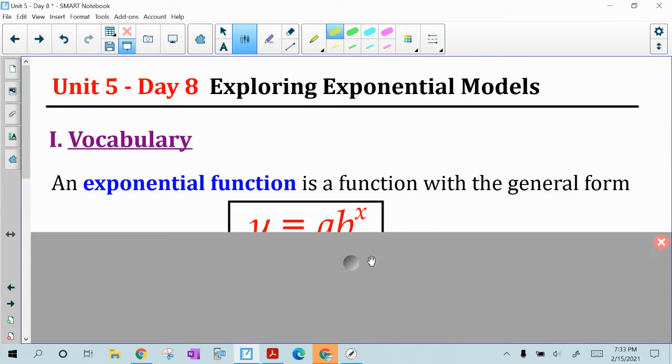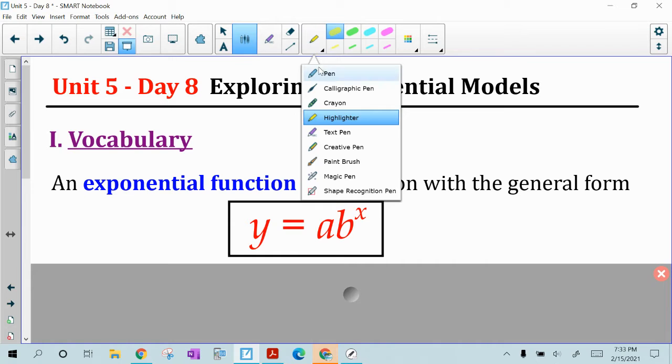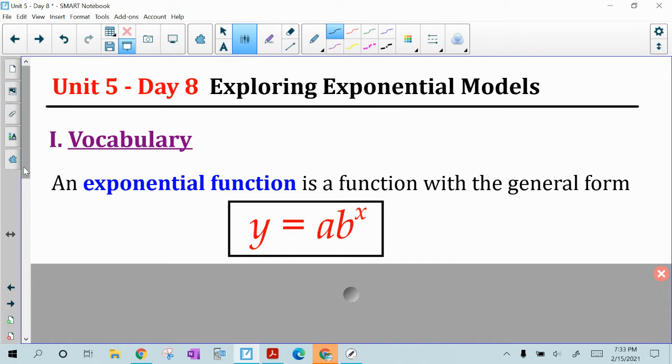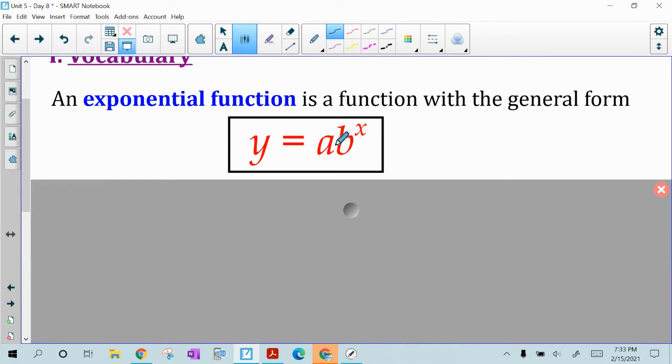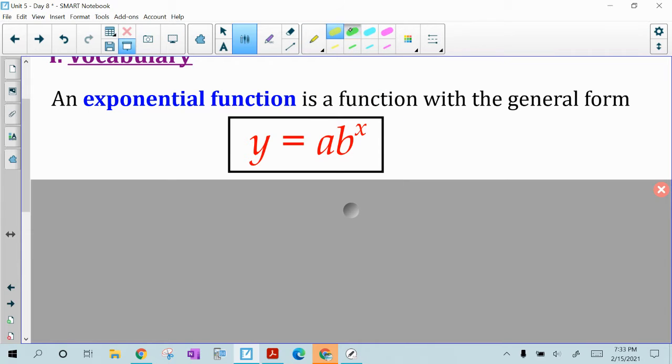Okay, first off in our vocabulary, an exponential function will always be some form of this setup here. What we've got is a constant out front. We've got the base of the exponent, and the thing that makes it an exponential function is that x is not in the regular expression. It is the exponent here.